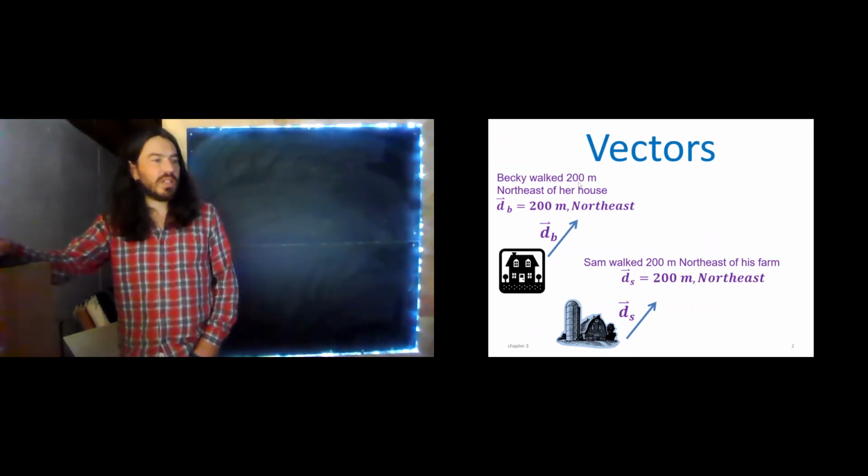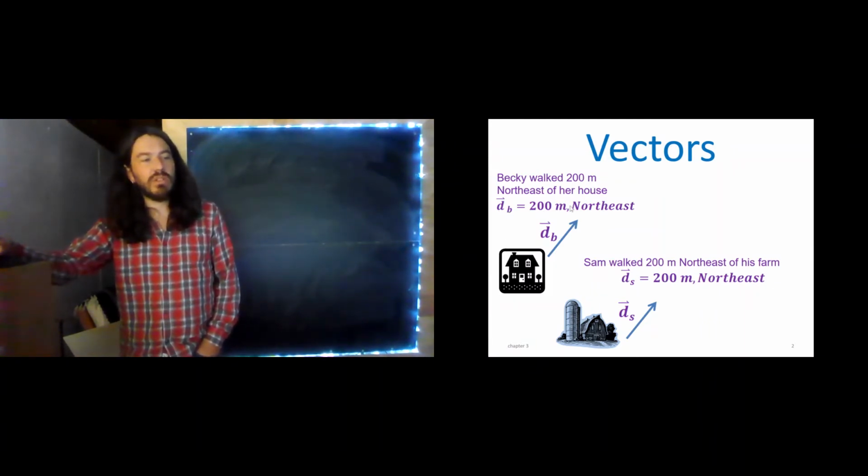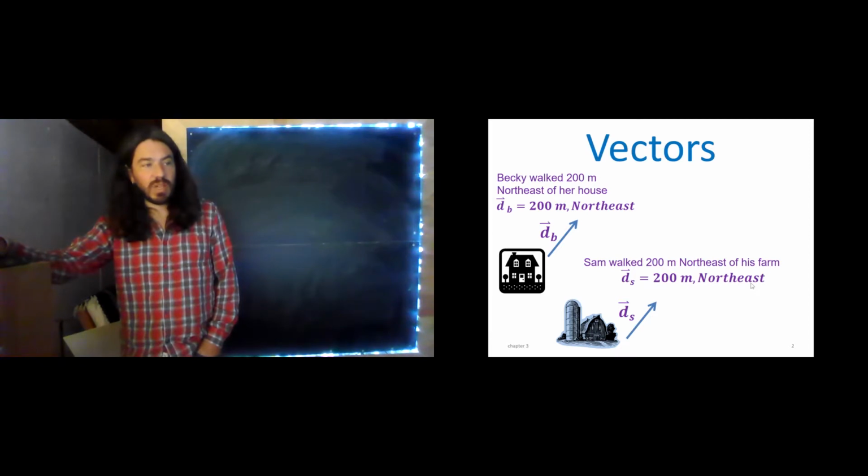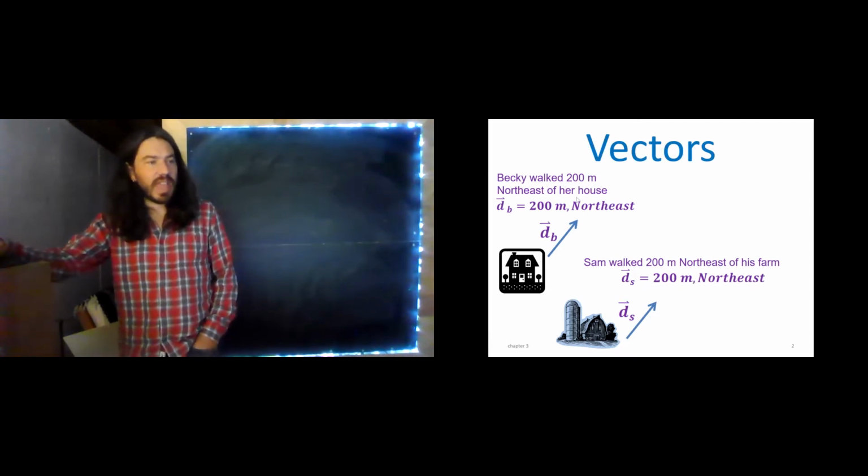Let's say that Becky walked 200 meters northeast of her house. We could say then that the displacement of Becky was 200 meters northeast. That's a fine way of describing this vector. What if Sam, though, walked 200 meters northeast of his farm? The displacement of Sam is 200 meters northeast. If you compare these two vectors, they have the same magnitude, and they also have the same direction.